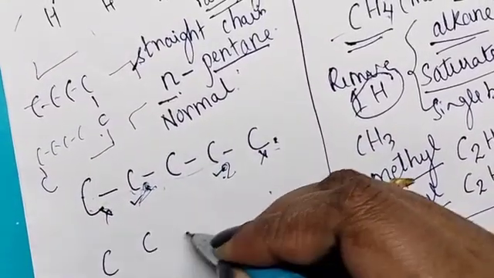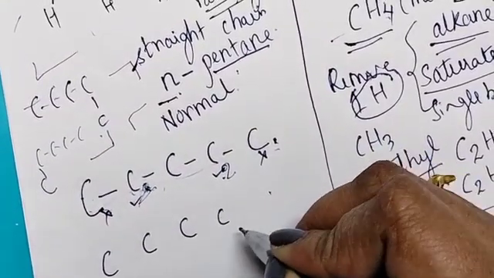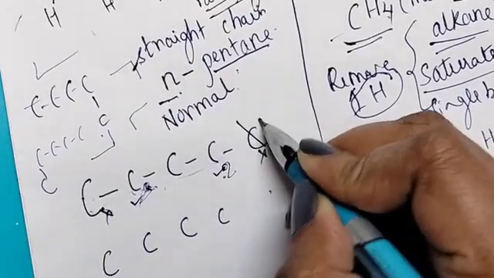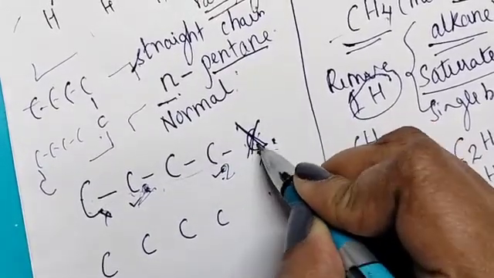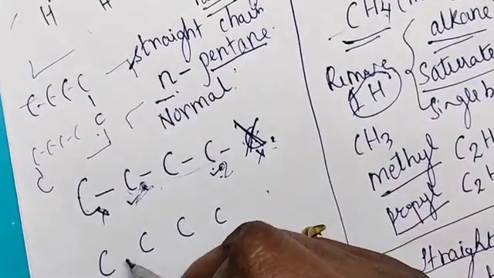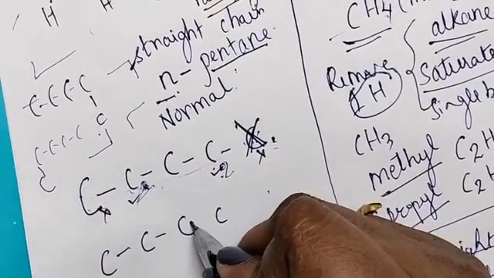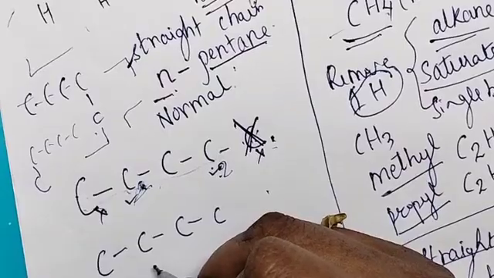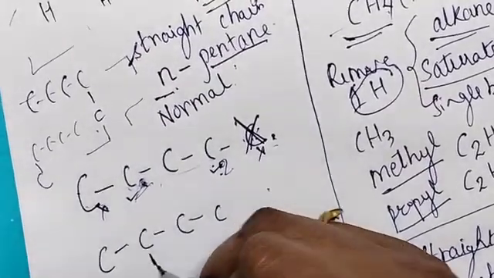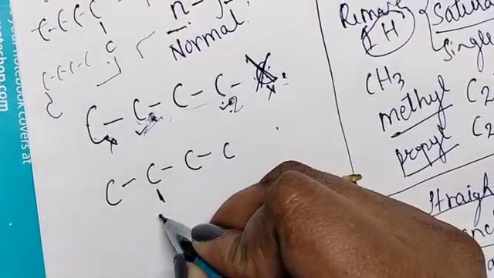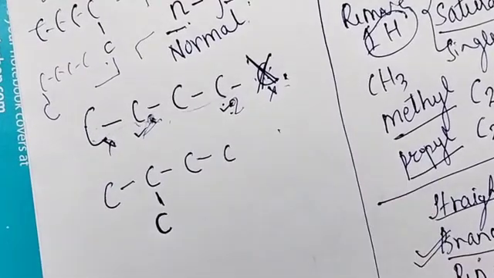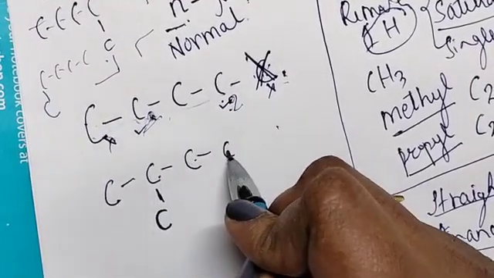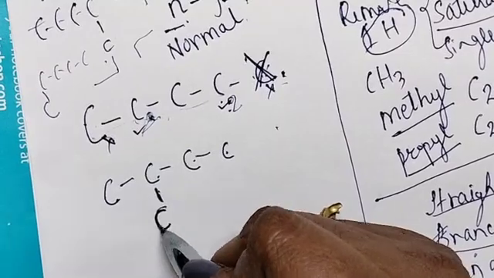So I'm going to take the 4. I've taken an extra over here. Sorry. So this is not there. There are 4 in the main line, and then I'm going to branch at this position. Okay. So that is my 5th carbon will come here. 1, 2, 3, 4, and my 5th carbon is going to come here.